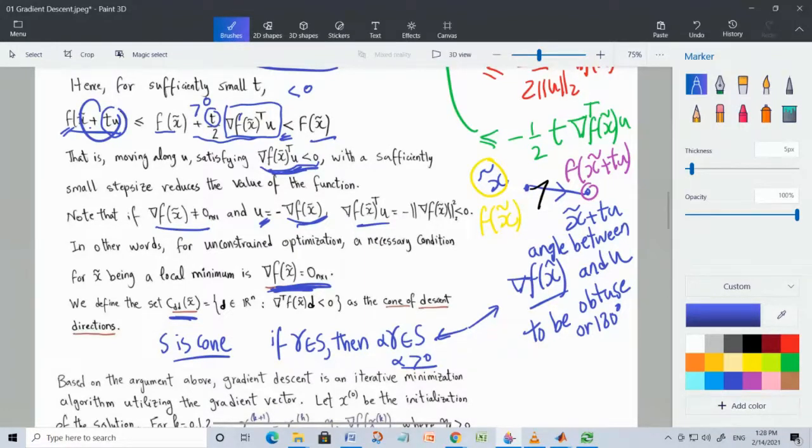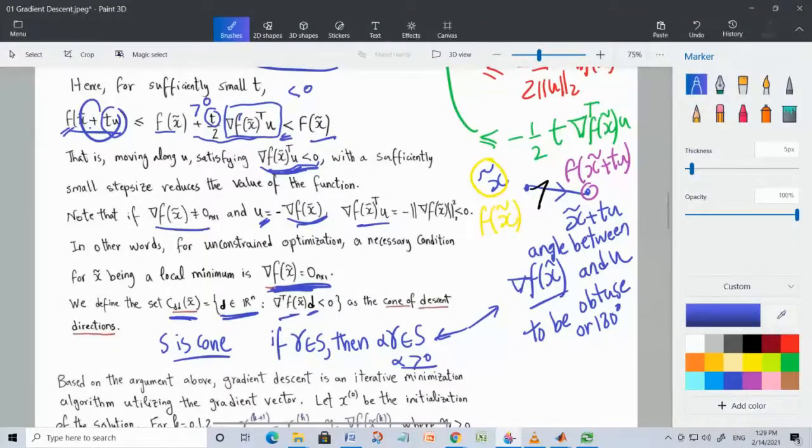So we have the cone of descent directions. Basically, these are all directions, or all vectors in the n-dimensional space, such that the inner product of those directions and the gradient vector computed at x tilde gives you a negative value. What is the significance of this cone?